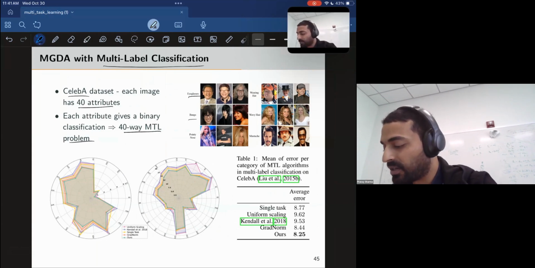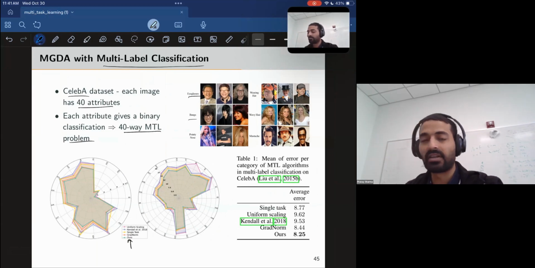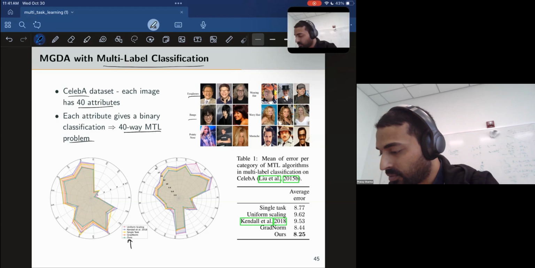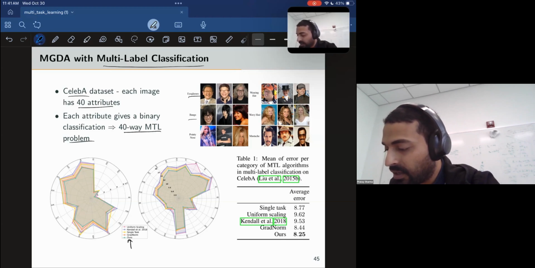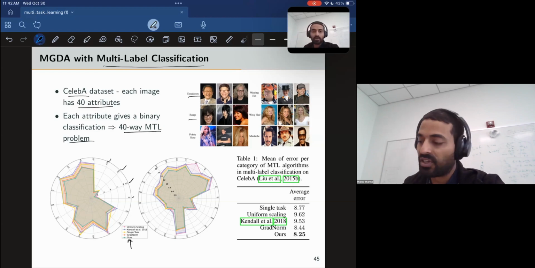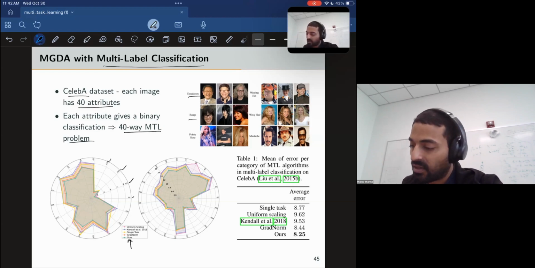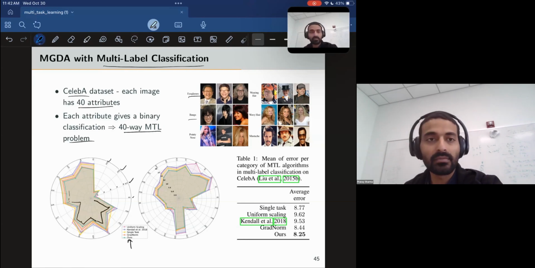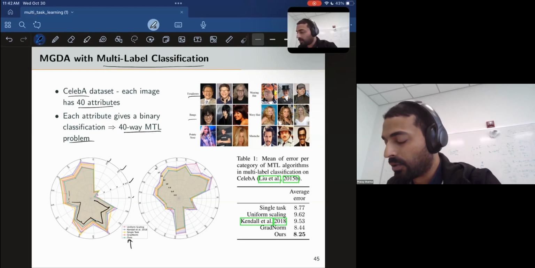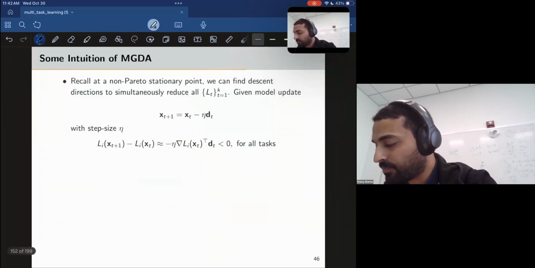They compared MGDA, the green one, with a bunch of methods. This is a radial plot, and these are the different tasks. The closer you are to the origin, the better you are. And as you can see, the green lines are the closest to the origin, so MGDA is doing better here also.